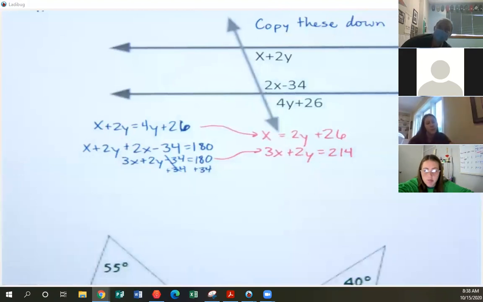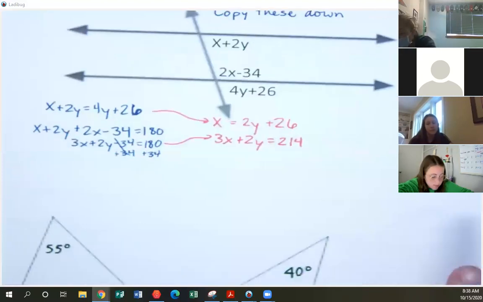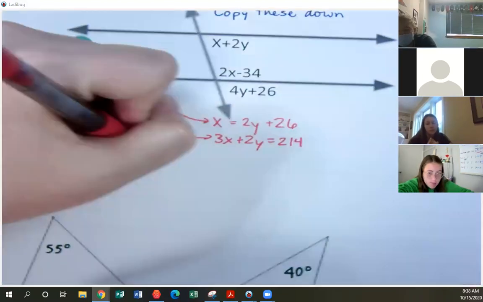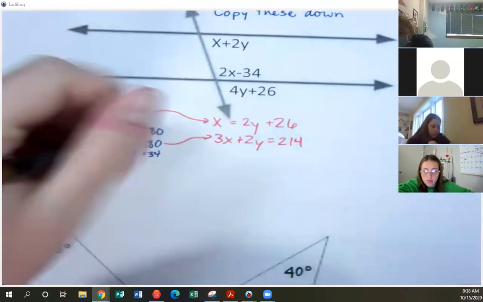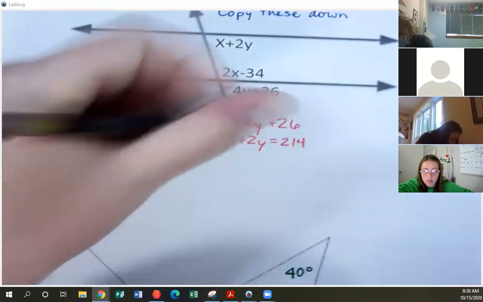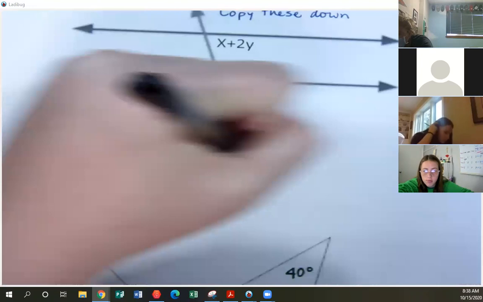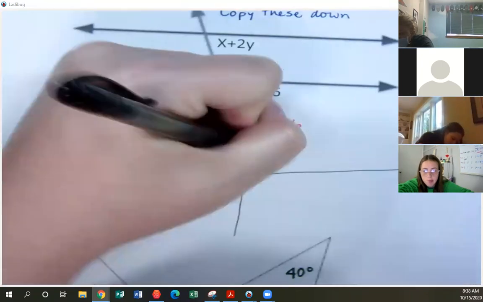Actually, I'll show you how to solve it both ways. So we'll do substitution through here, and then I will also show you elimination, and then you can pick how you want to do it.